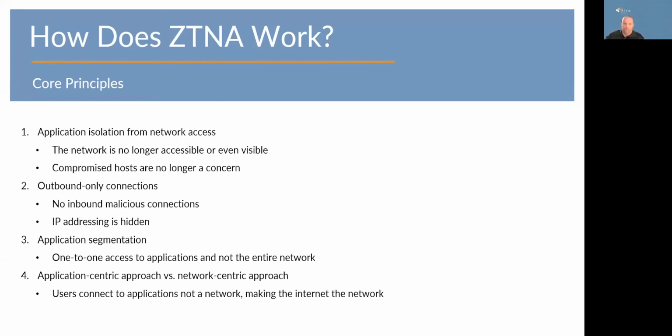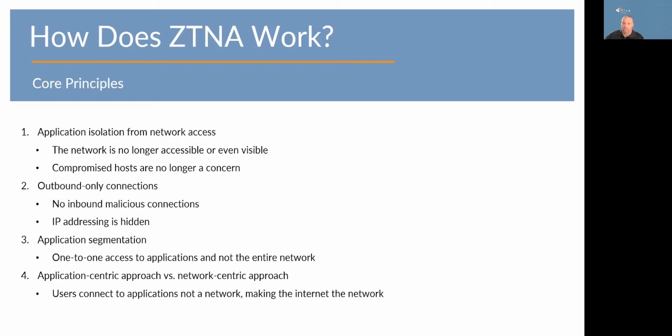First and foremost, this is application isolation from network access. So if you consider when you sit in an office and you're connected to your internal LAN, or if you VPN into your environment, you are on the network, you can see everything, you can go everywhere, and permissions are set on the host to decide, can I access this? Once you move into zero trust, you are isolating these applications from network access so that the network is no longer accessible.